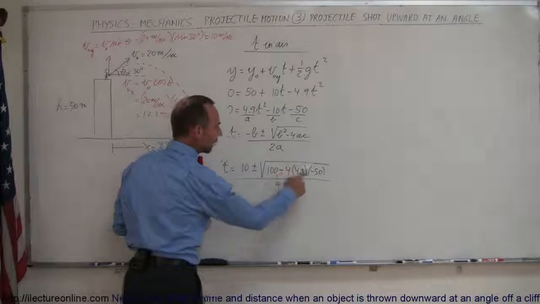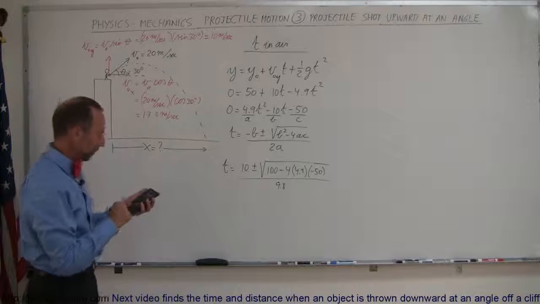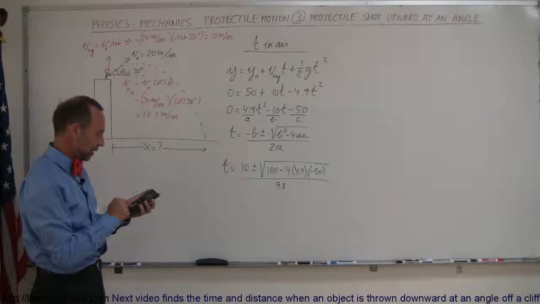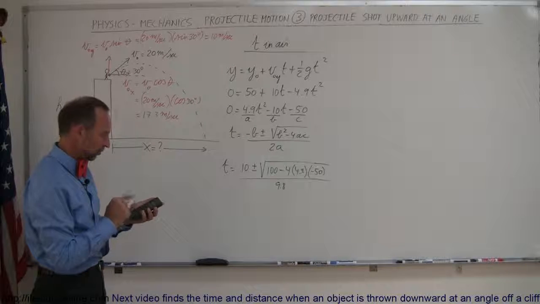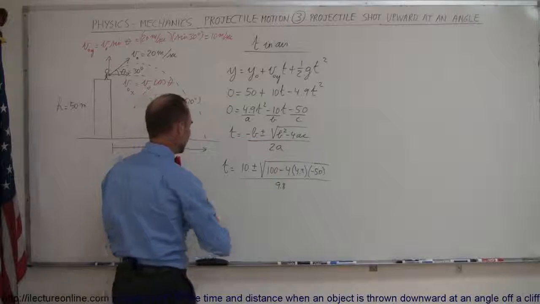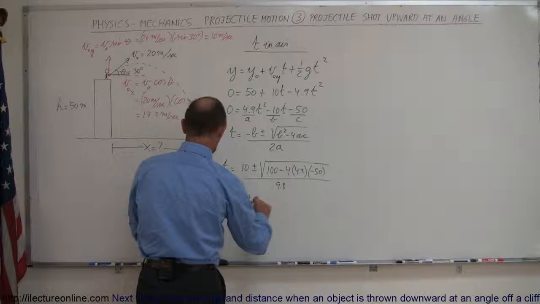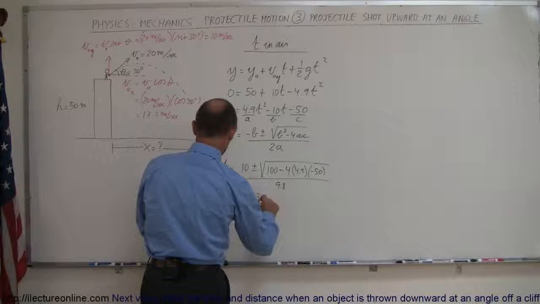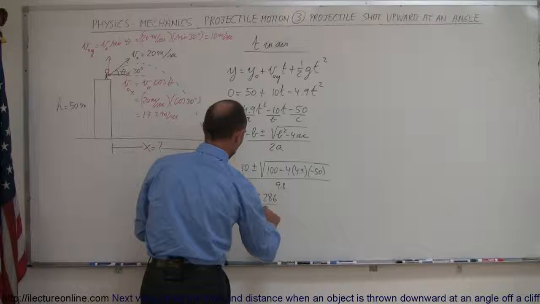Notice that this minus will negate this minus, making the second term in the radical a positive quantity. So we have 4 times 4.9 times 50. Add to that 100, which is 1,080. Take the square root of that, and let me write that number down. So we have time is equal to 10 plus or minus 3.286, the whole thing divided by 9.8.